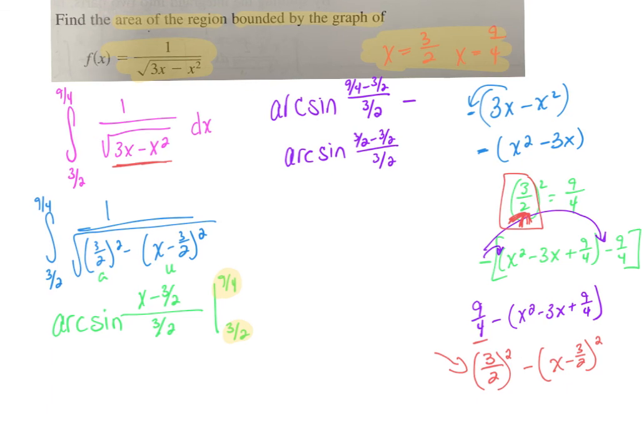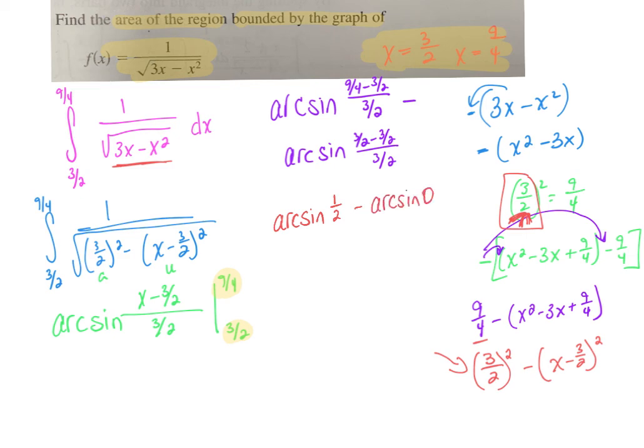And if you calculate it out, this little guy is 9/4 minus 6/4, right? Is 3/4 over 3/2. So you'll have the arc sine of 1/2. And 3/2 minus 3/2 is 0. 0 divided by anything is just 0.